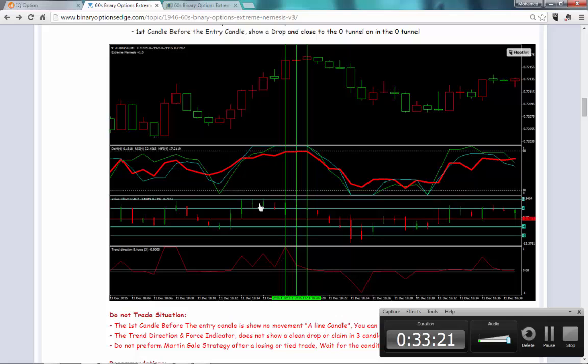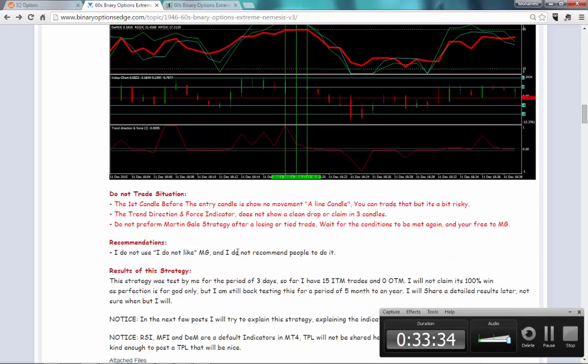If you try to do it per trade, I have not passed the two yet. Same thing. So that is that. I don't recommend using martingale because I don't like martingale.